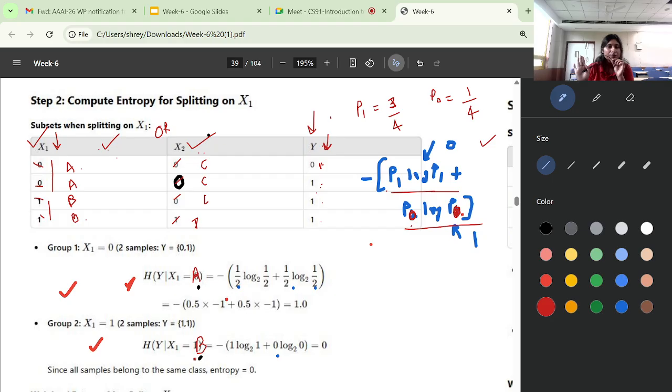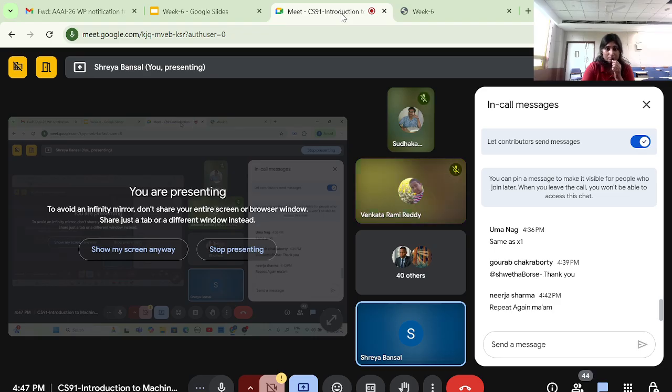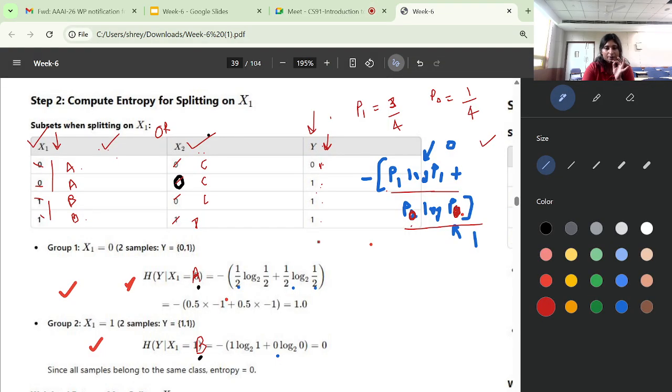Is this clear now? Now I am not using 0 and 1 in x1. I am choosing a complete set of variables. Is it clear or not?